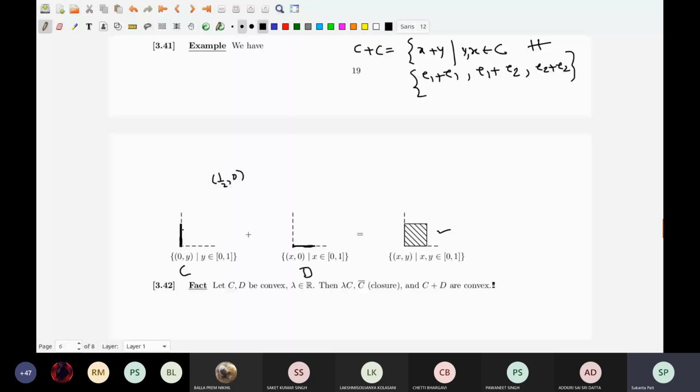Every point will get translated half unit right, every point. So what will I be getting? I will be getting this image. If I translate it by 1/3 0, then I will be getting this line. So for every x0, x belonging to 0 to 1, I will get this whole thing, all these points. So this is how you have got.